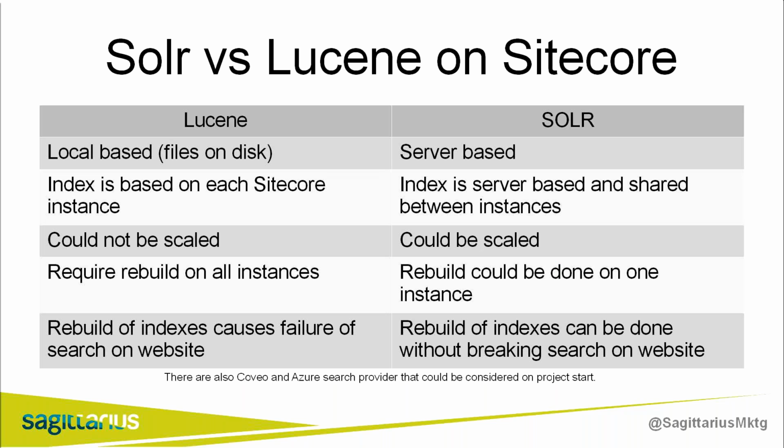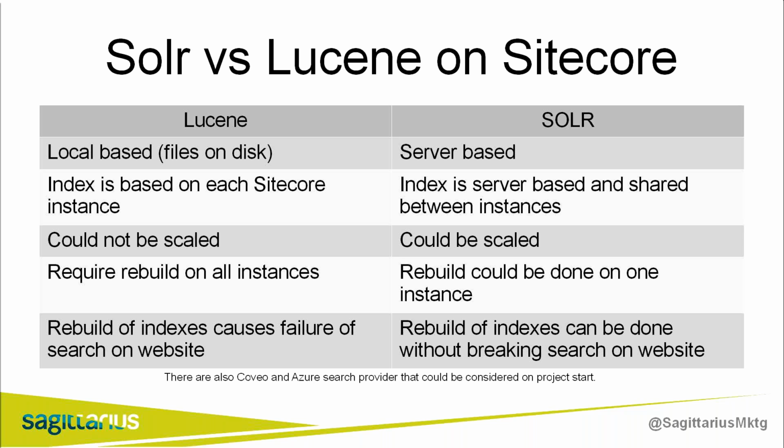The main difference is that Lucene itself is local based. All files that you have are on disk. But SOLR is server based. It means that you can have only one server and share that SOLR server between different Sitecore instances.